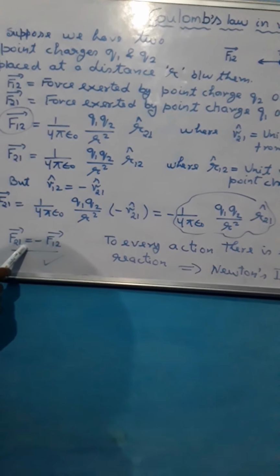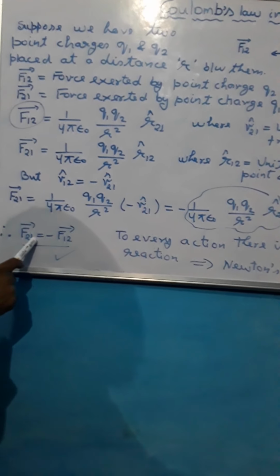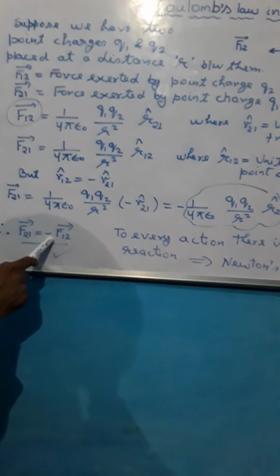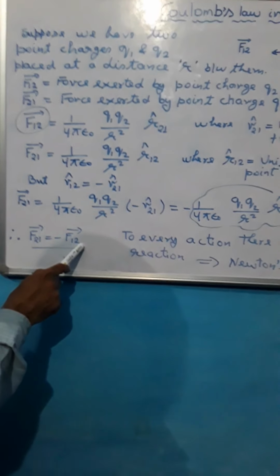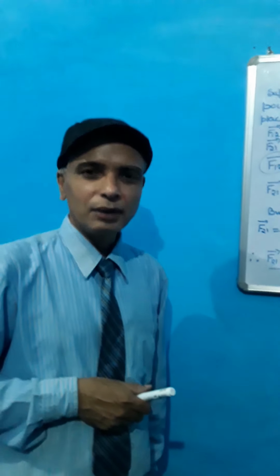It means the force exerted by point charge q1 on q2 is equal to the negative of the force exerted by point charge q2 on charge q1. Therefore we observe that Coulomb's law obeys Newton's third law. Thank you very much.